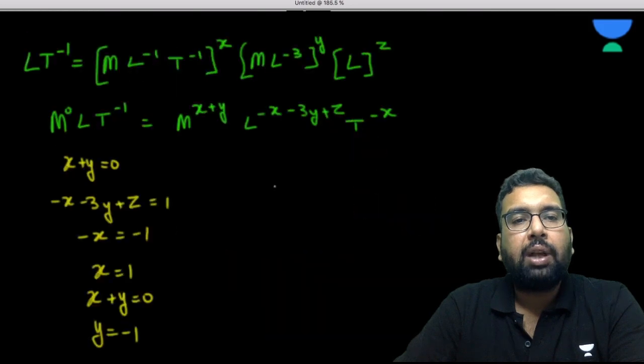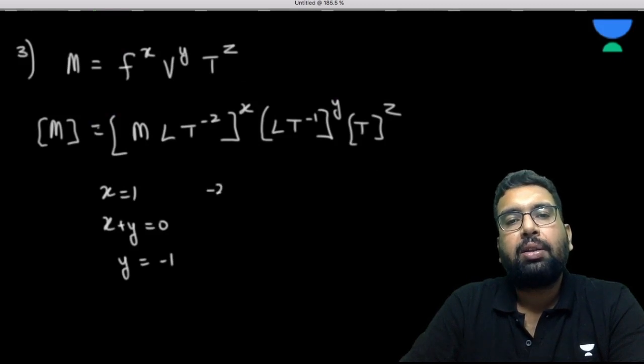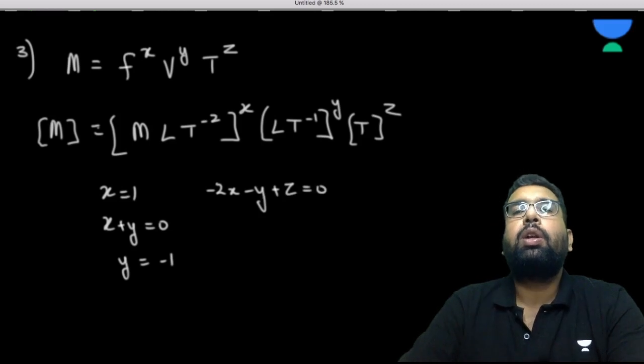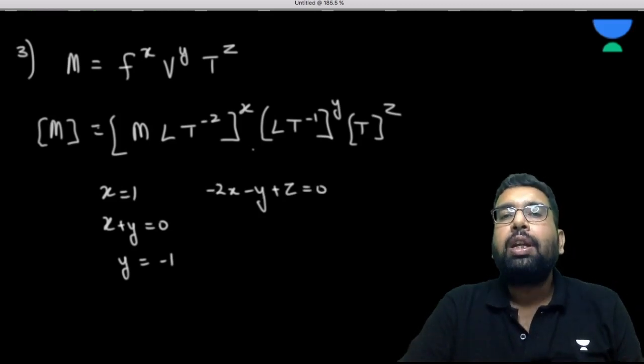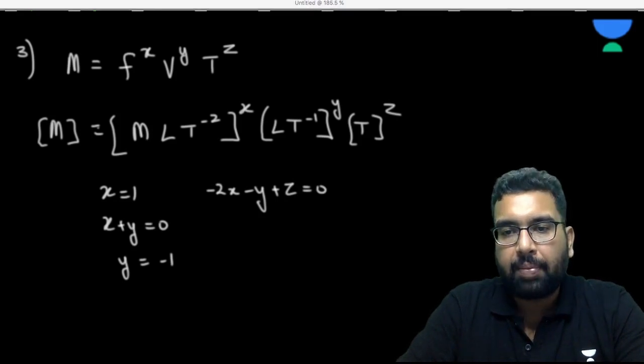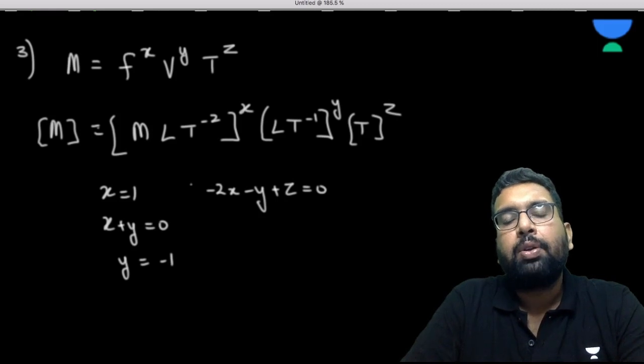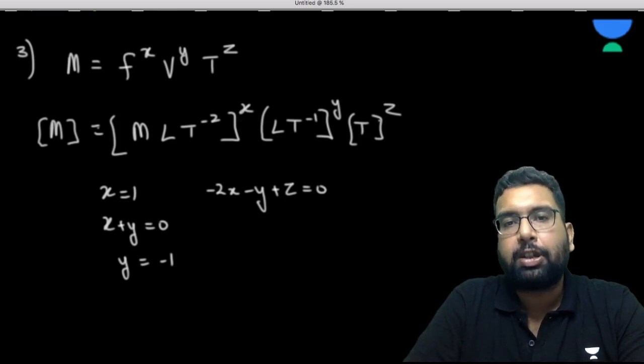No worries. So y is equal to minus 1. Now for T, we have minus 2x minus y plus z is equal to 0. What are we doing? We are comparing the powers of the base T. The power of T is minus 2x minus y plus z.